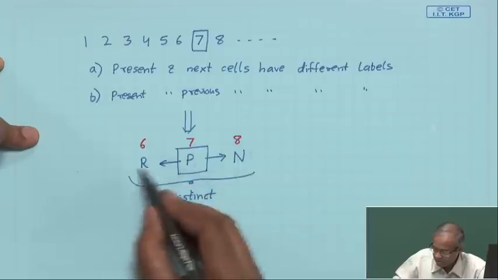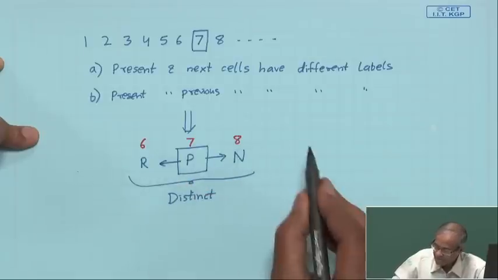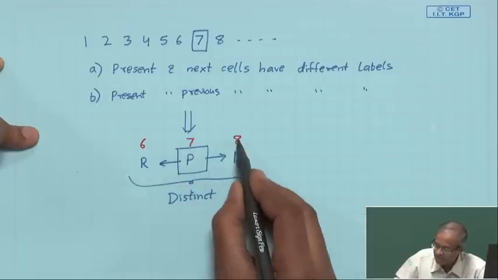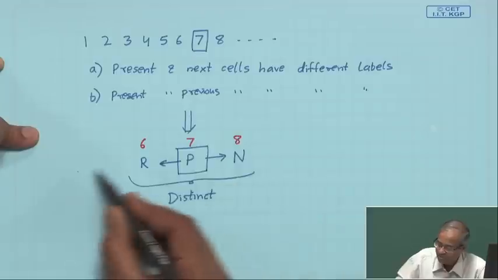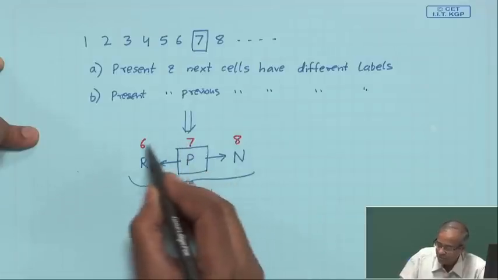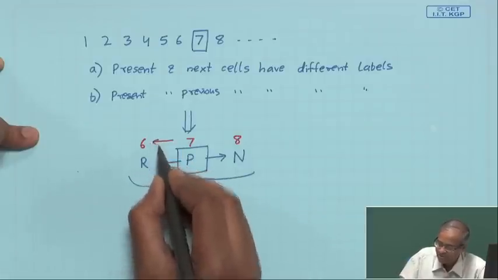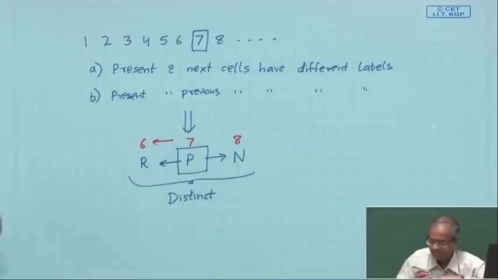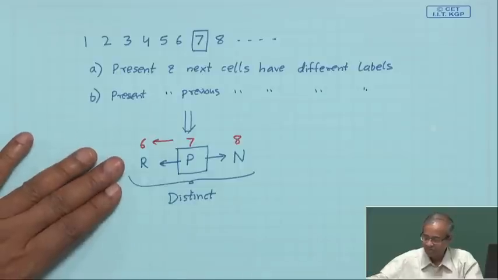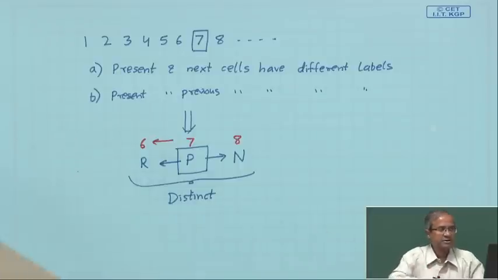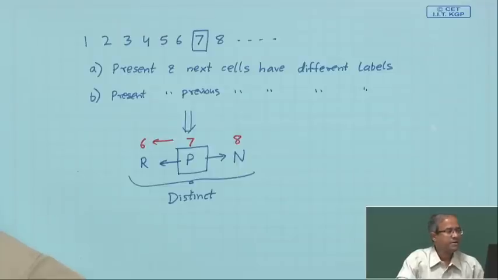So, when you are carrying out phase 1 of Lee's algorithm, you know which label to use next, and when you are retracing from 7 you are looking for a cell which is 1 less, 6. So, you know uniquely which direction you have to move, right. This is one of the very important characteristics which this 1 2 3 4 5 sequence holds.